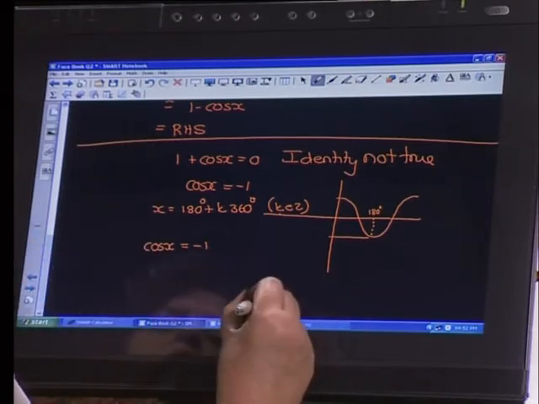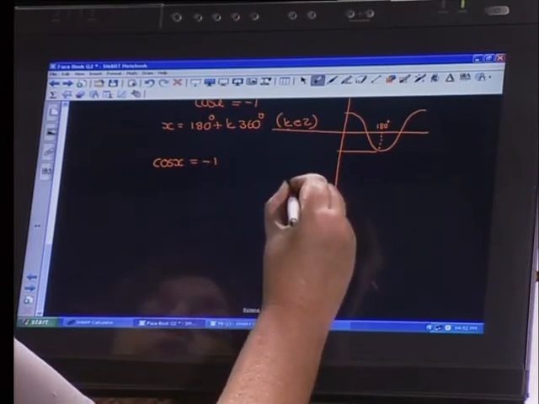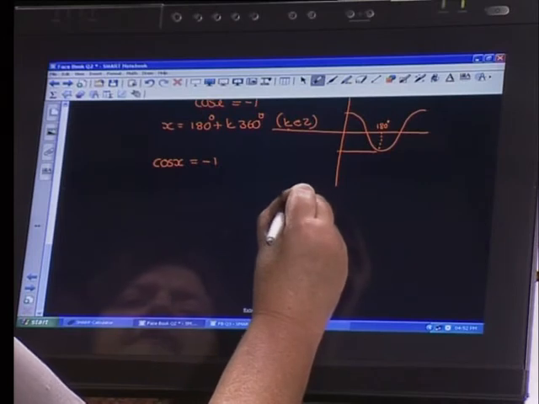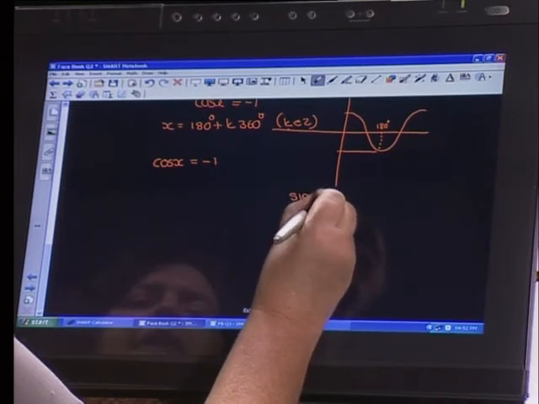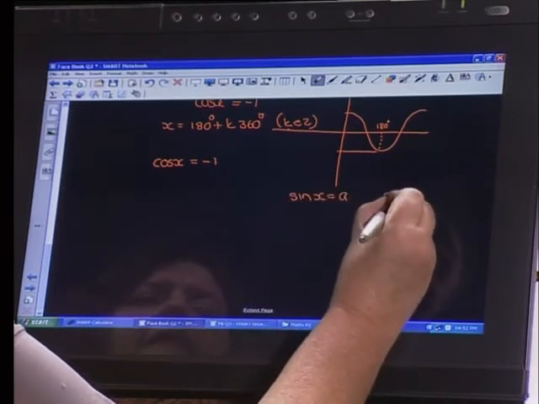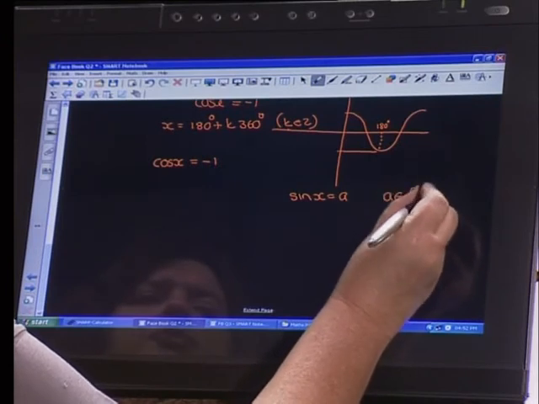What I do with general solutions, I keep on calling them special angles, is I remember 3 things. I know that if sine x equals a, a would have to be an element of minus 1 to 1.